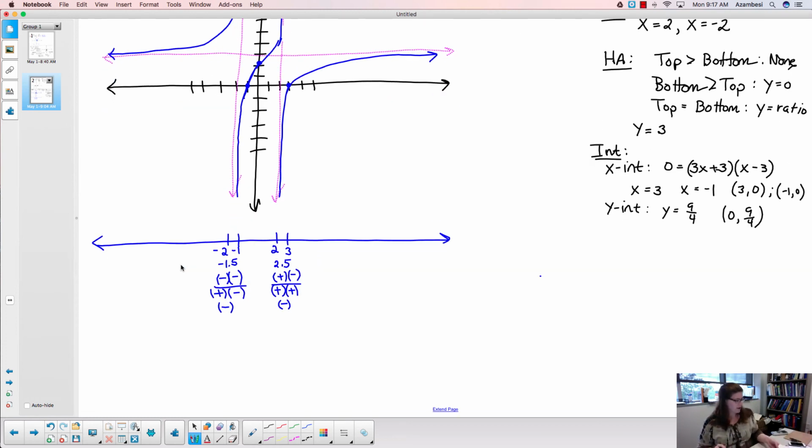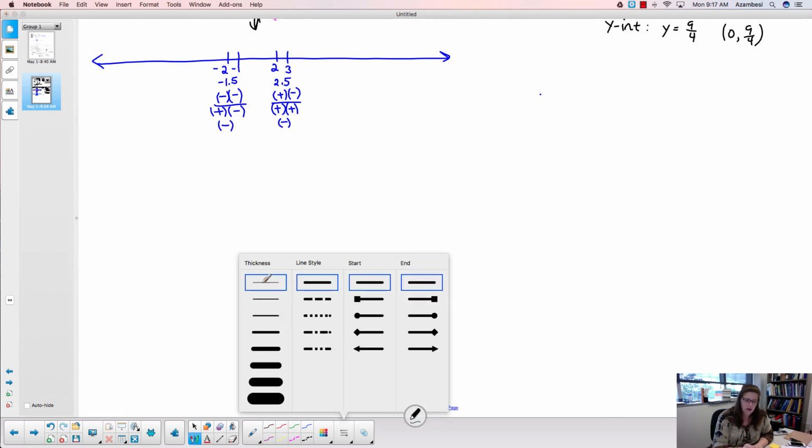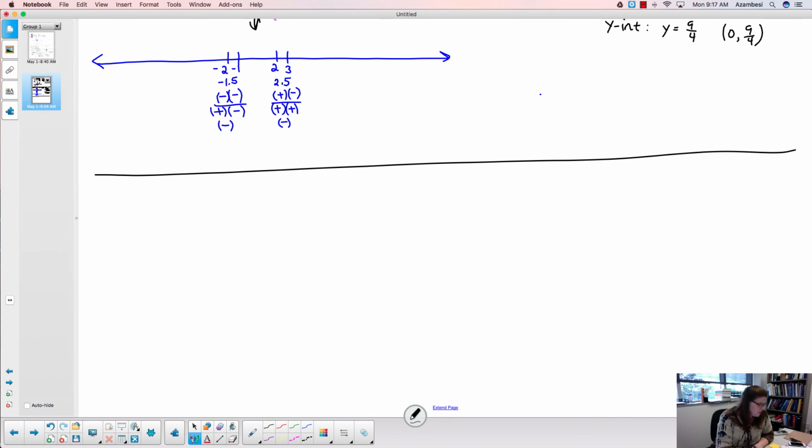Alright, last one for this video is finding the possible rational zeros and factoring an entire higher order function. Let's say that we do number 15b, and it says g of x is equal to x cubed minus 6x plus 4.